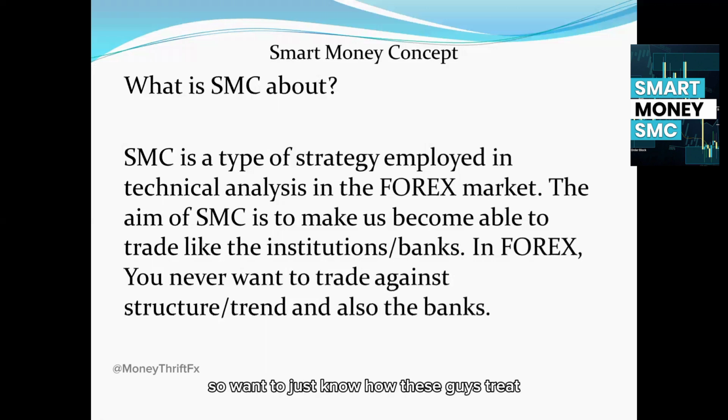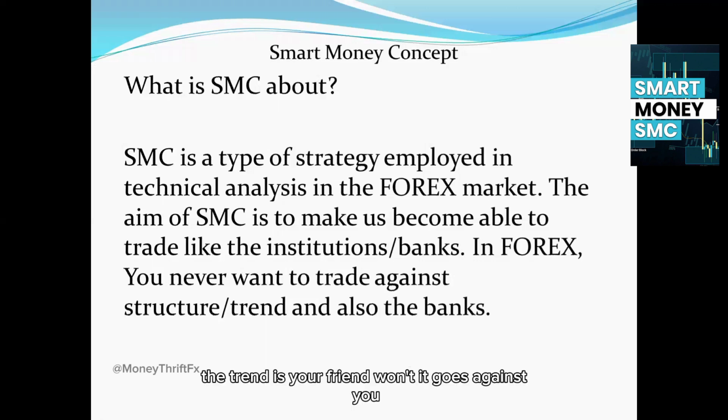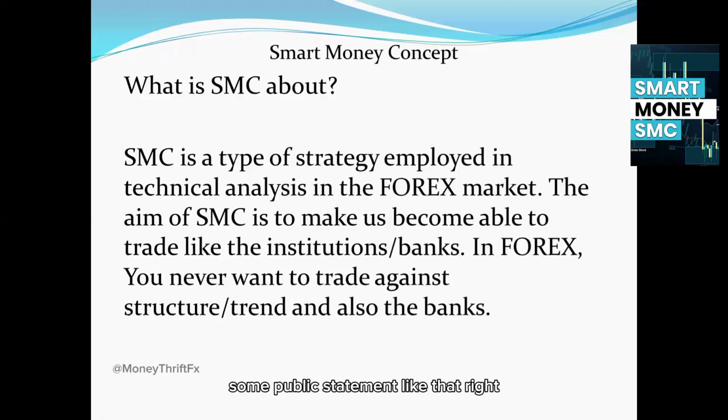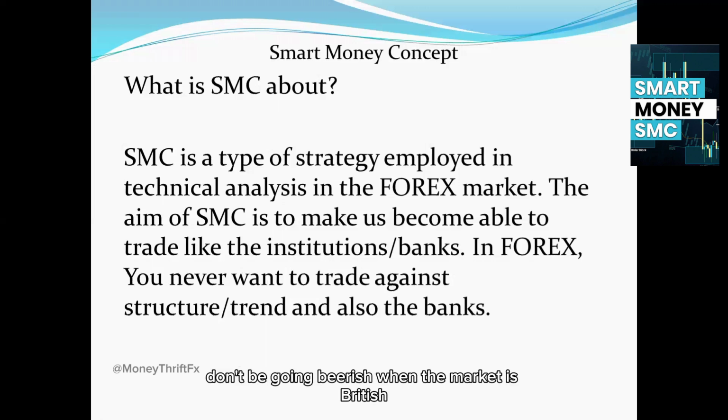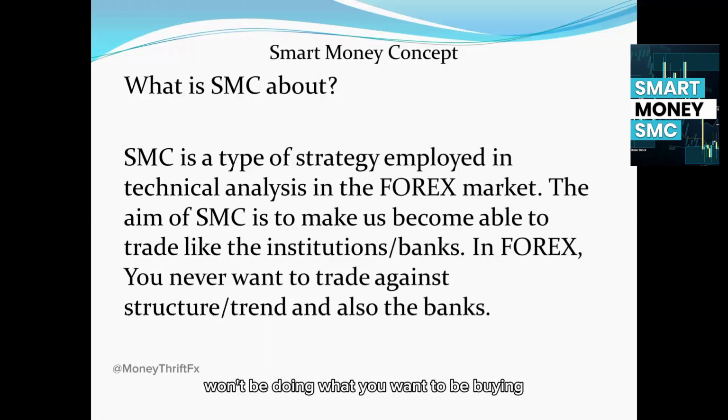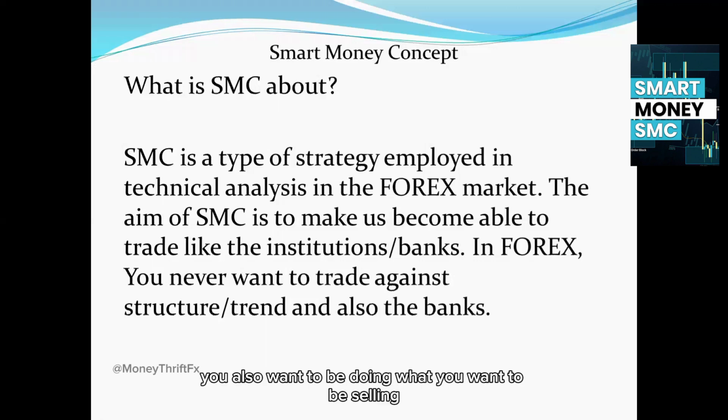So we want to know how these guys trade. In the forex market, you never want to trade against structure or trend, and you also don't want to trade against the bank. The trend is your friend until it goes against you. When the market is bullish, you don't want to be going bearish; you want to be buying. When the market is bearish, you want to be selling.